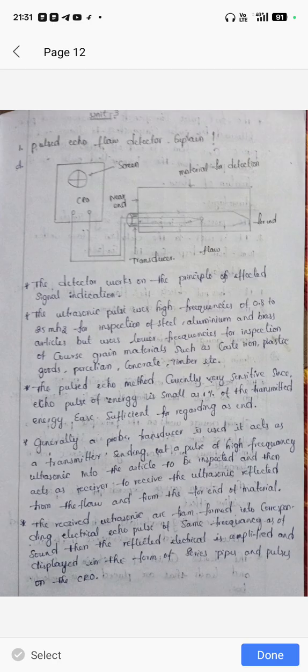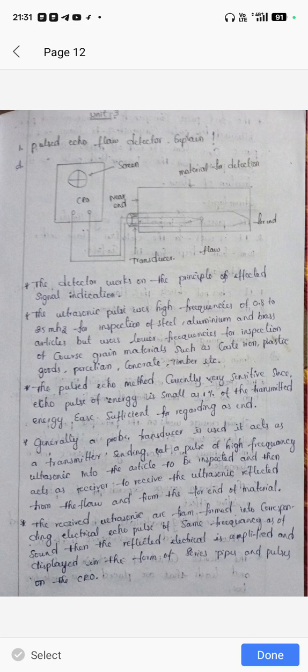The ultrasonic pulse uses high frequencies of 0.8 to 25 MHz, 2.5 MHz for inspection of steel, aluminum, and brass articles, but uses lower frequencies for inspection of coarse grain materials such as cast iron, plastic goods, porcelain, concrete, timber, etc. The pulse echo method is very sensitive, since echo pulse energy as small as 1% of the transmitted energy is sufficient for recording.